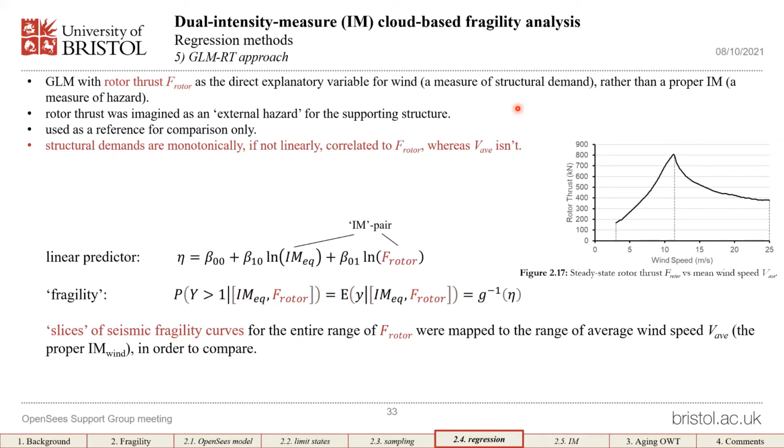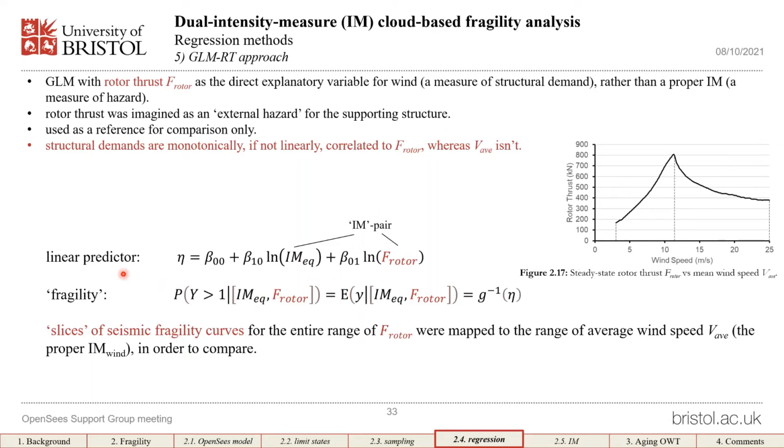Therefore, it's technically not really a fragility function deriving approach, but just used as a reference. Basically, by doing so, we were excluding the dynamics of the wind turbine from our supporting structure. That is also to exclude the pitch control mechanism of the wind turbine, which happens on the blades, obviously.